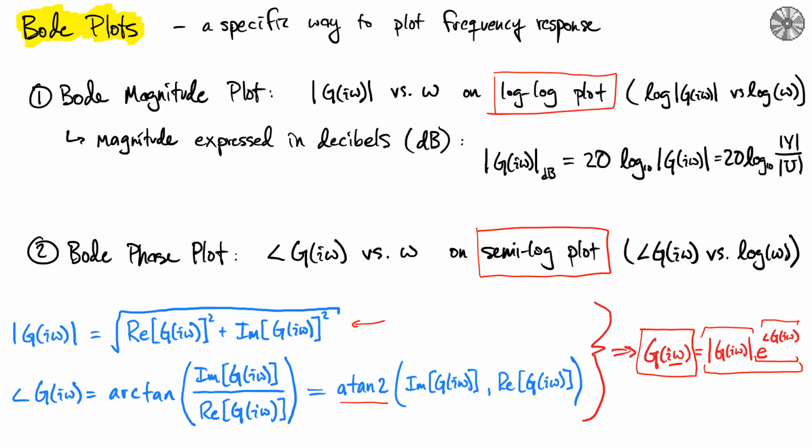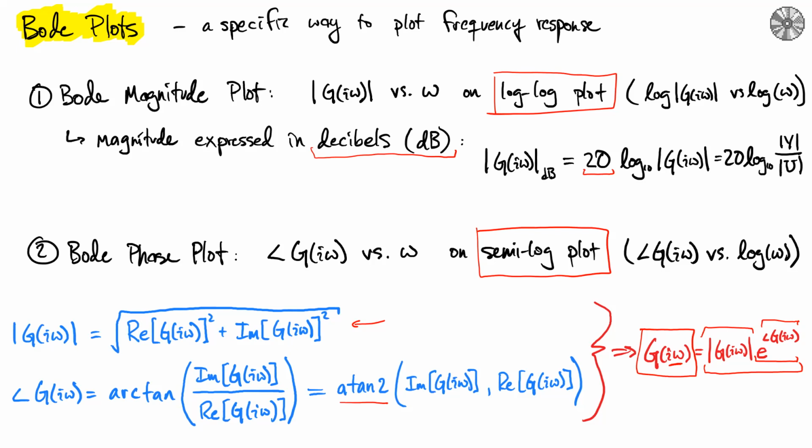The last piece is the fact that this magnitude is actually expressed in decibels, and this is really just due to history. A lot of Bode plots were originally used on telephone systems and auditory systems, and so they were really interested in understanding essentially how loud the sound was that was going to come out. And so oftentimes this came from this notion of decibels. Plotting in decibels comes from that. And there's actually some more history about this 20 that has to do with topics in electrical engineering and circuitry.